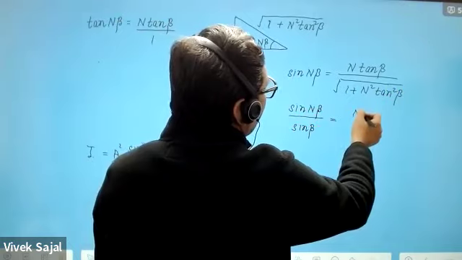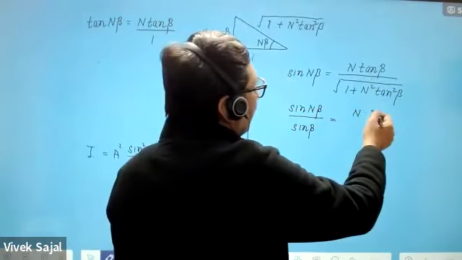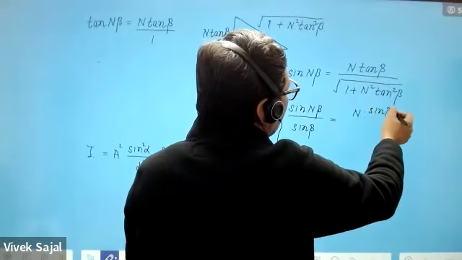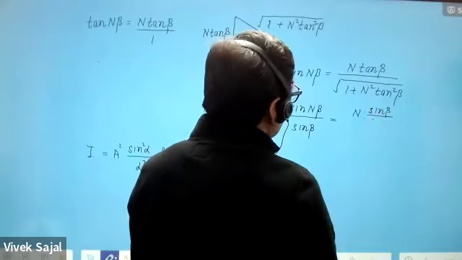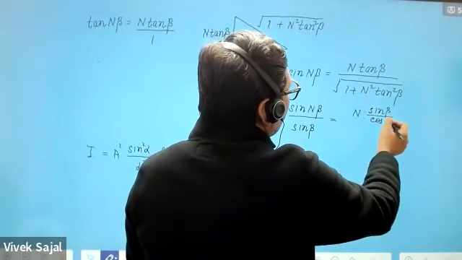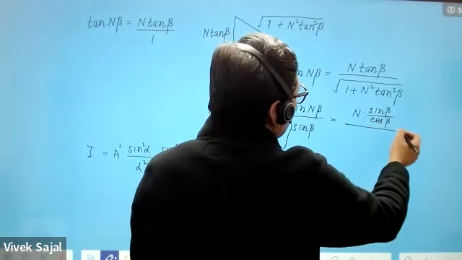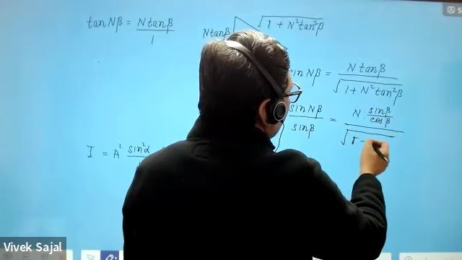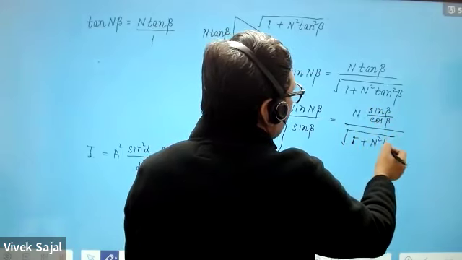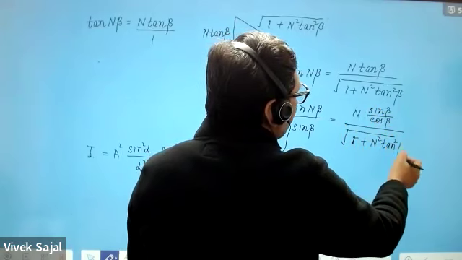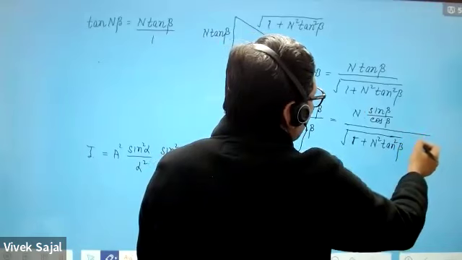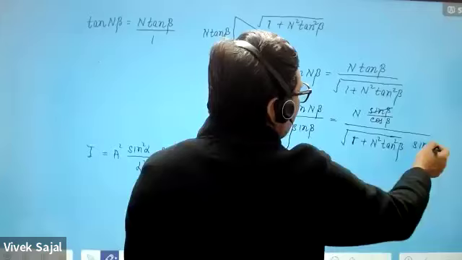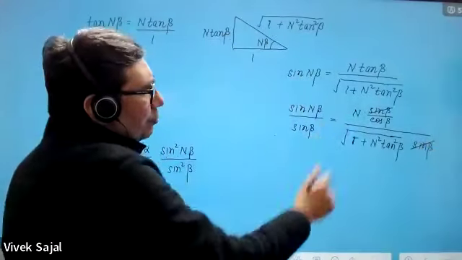So this will be n tan beta, and here I write sine beta upon cos beta, divided by the square root of 1 plus n squared tan squared beta, and here sine beta will be there. So this sine beta is going to cancel out, and square both the sides.